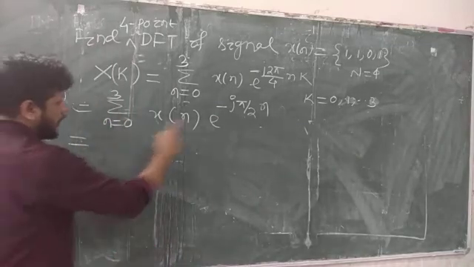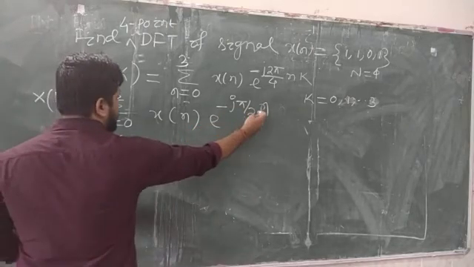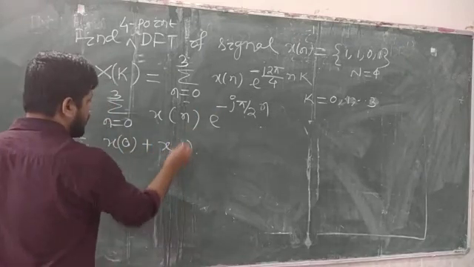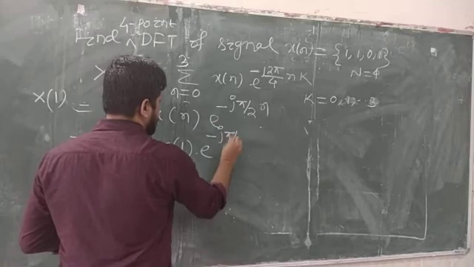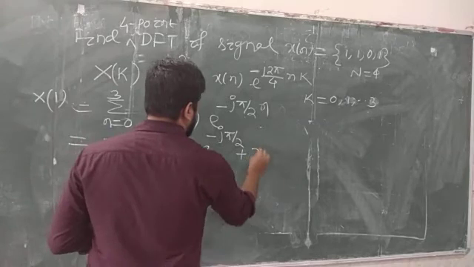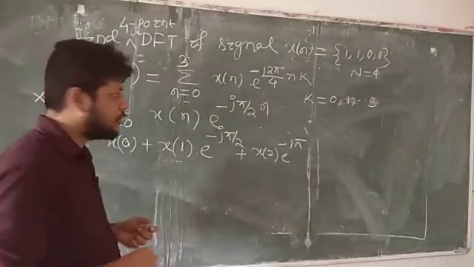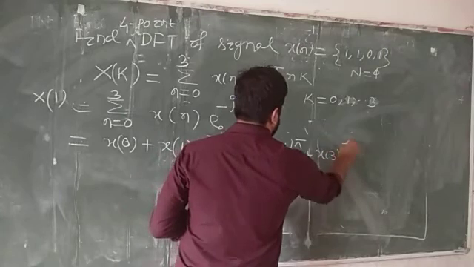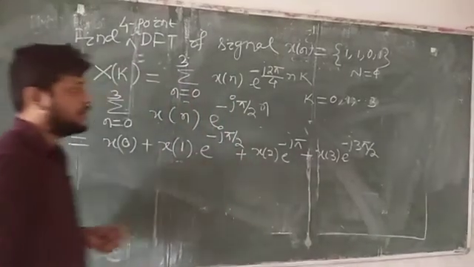First put n is equal to 0: x of 0, e to the power 0 means 1, plus x of 1 e to the power minus j pi by 2, plus x of 2 e to the power minus j pi, because the 2 cancels out, plus x of 3 e to the power minus j 3 pi by 2.